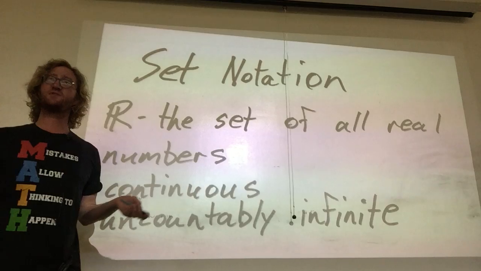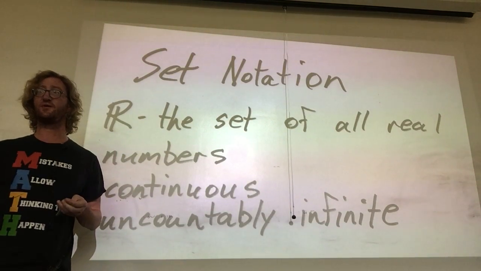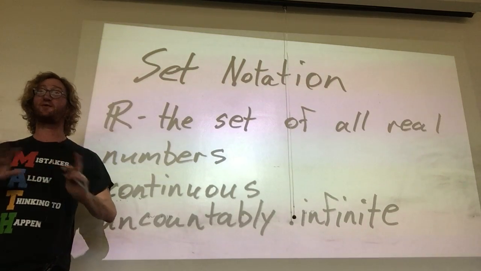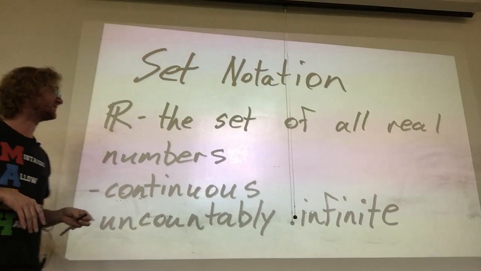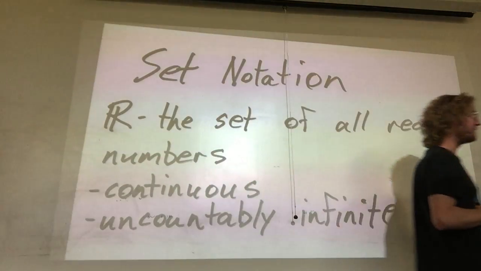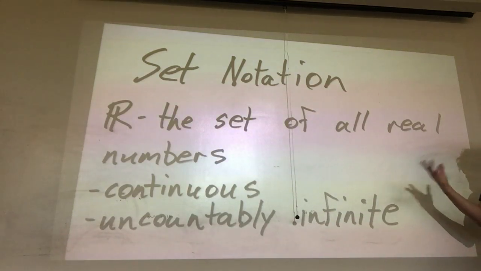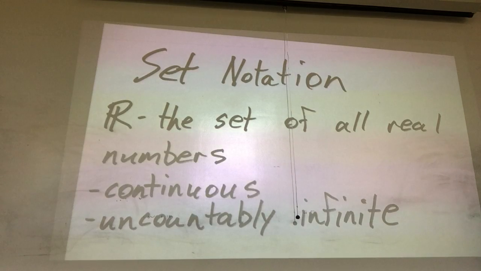One definition is that it has a mapping with the natural numbers. Actually, y'all's book doesn't even use the phrase natural numbers because there's too much discrepancy between different definitions of what a natural number is. Some include zero, some don't. So we'll just say if you can map it to, let's say, the integers. So that's the set of all real numbers.